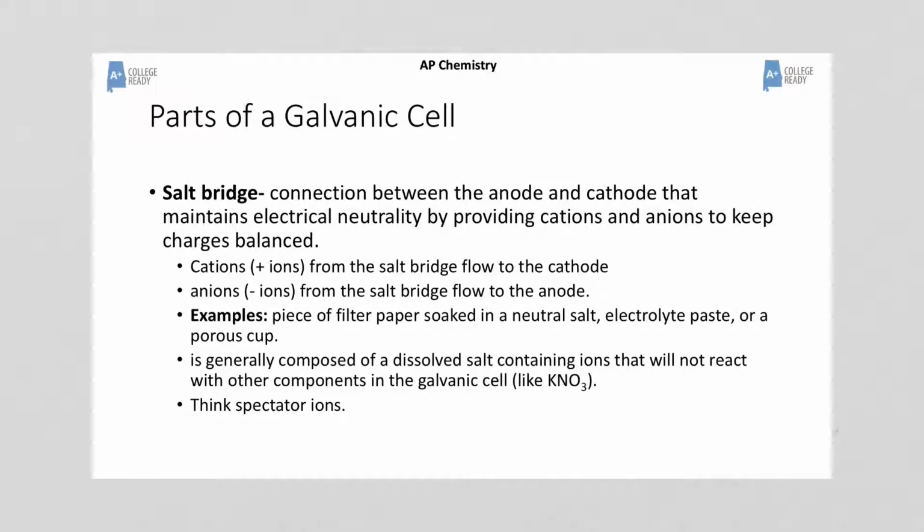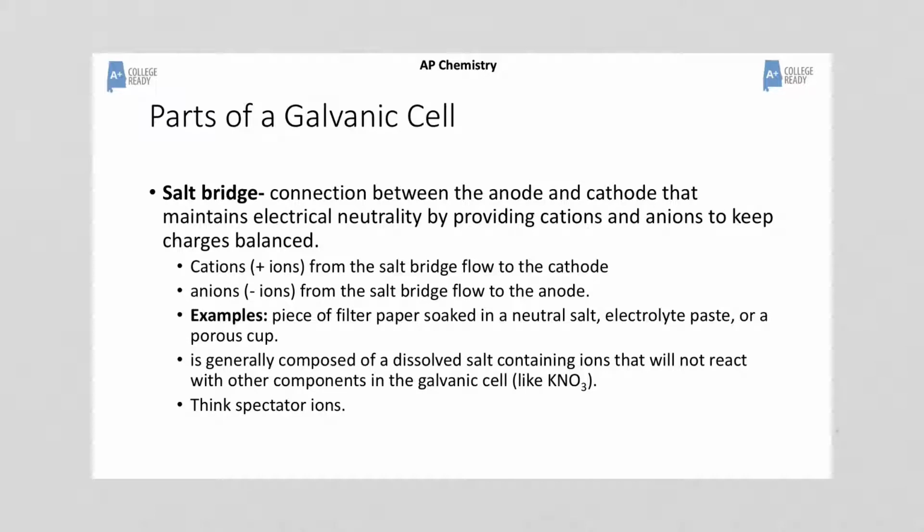Examples of salt bridges I've used in the lab would be a piece of filter paper that's been soaked in sodium nitrate or potassium nitrate. There was a free response question where the salt bridge was actually an electrolyte paste, and there are other labs you might do.